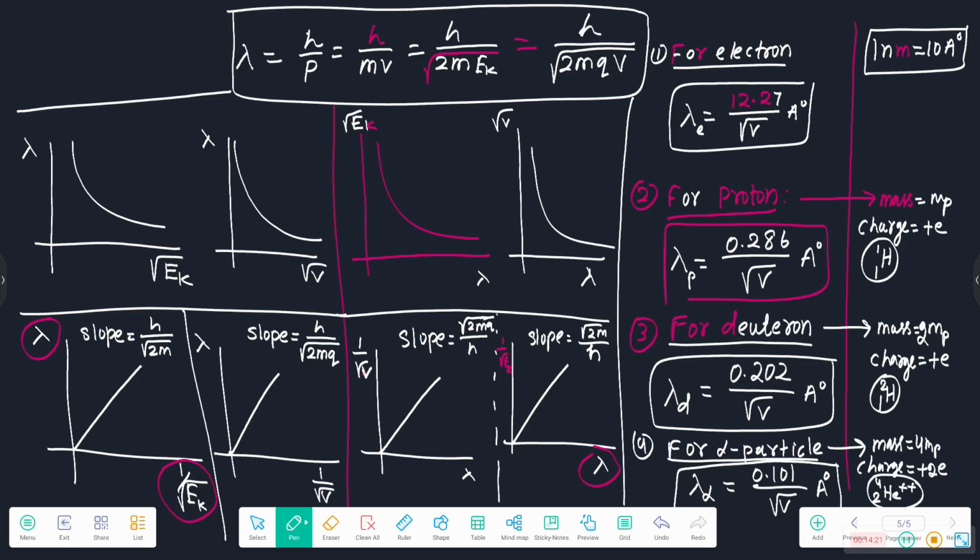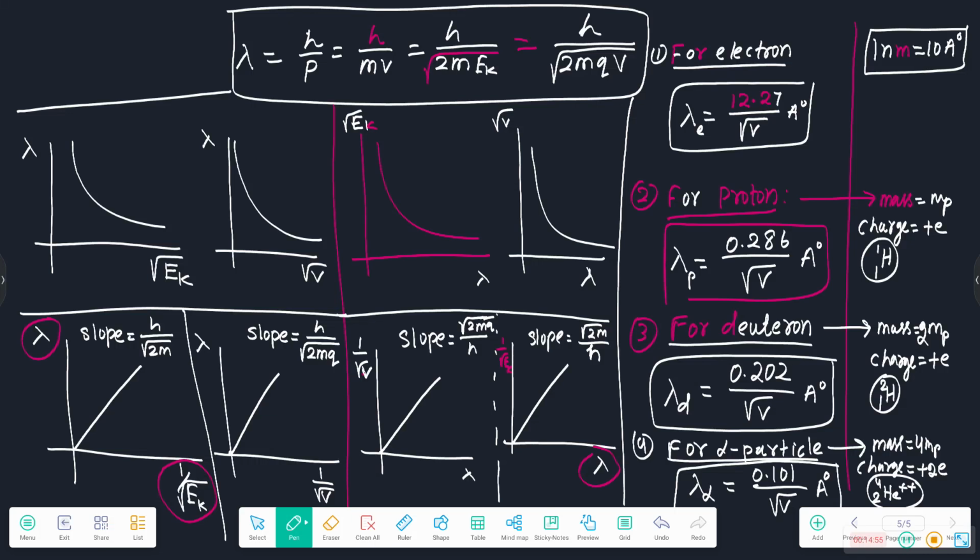Proton, alpha particle and deuteron, all masses and all charges you remember. Clear? Okay. So for electron, your lambda is 12.27 by root v angstrom, and for proton, deuteron and alpha particle, their mass and charge also remember. If you remember this, you can understand whatever questions we solve now. Okay, clear?